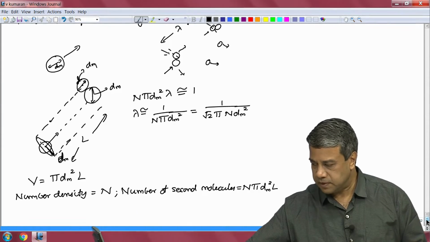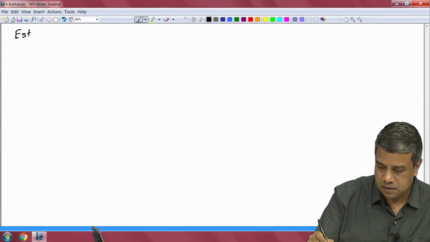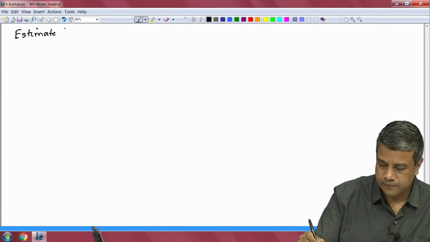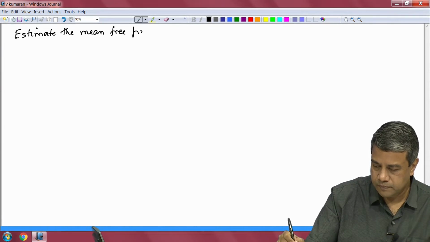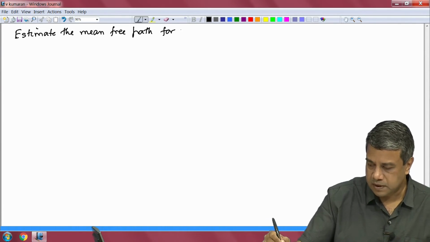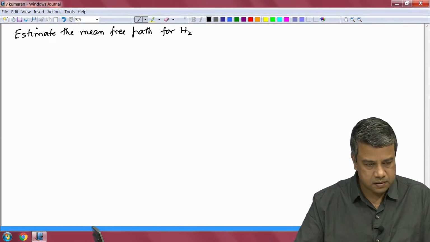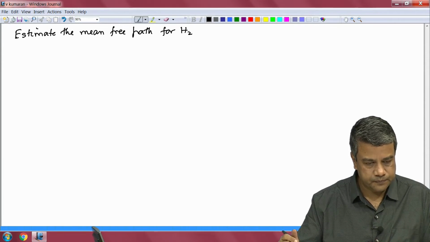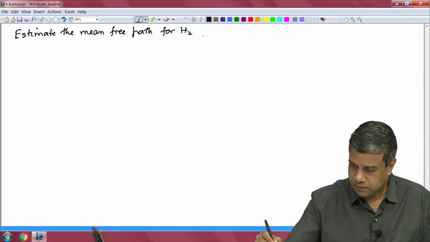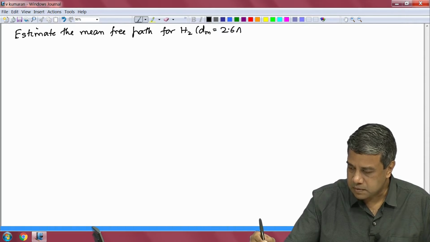Let us estimate the mean free path for some simple gases. For hydrogen gas, the molecular diameter is 2.6 angstroms.